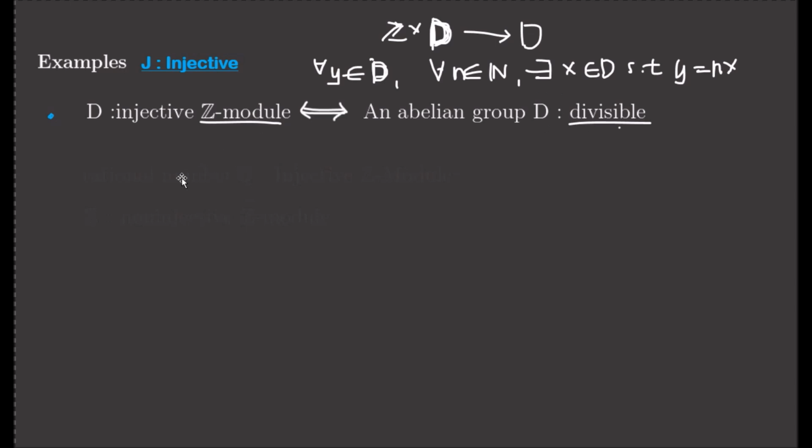Let's see a concrete example. First, the rational numbers Q are clearly an injective Z-module. Why?